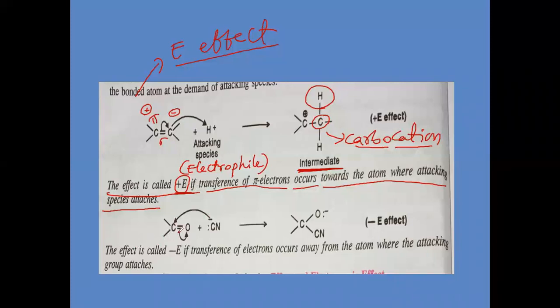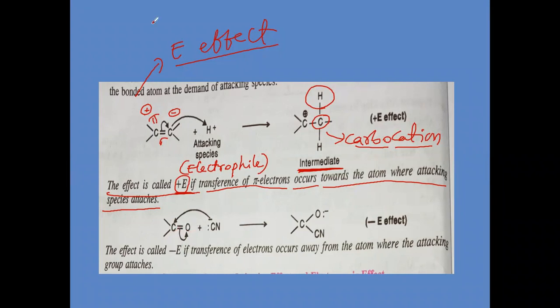And the second type, you check it. Between carbon and oxygen, one sigma bond is there, one pi bond is there. And the pi electrons will always be moving. Remember, when sigma and pi bonds are there, the pi bond is weaker. So pi electrons will be displaced here. Now between carbon and oxygen, which is the more electronegative atom? Oxygen is more electronegative than carbon.